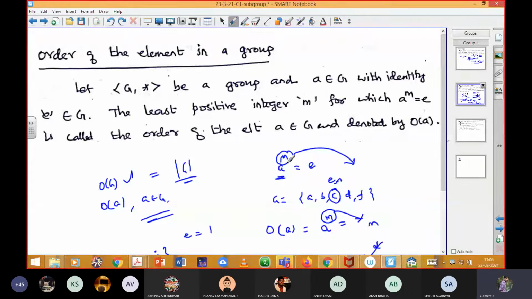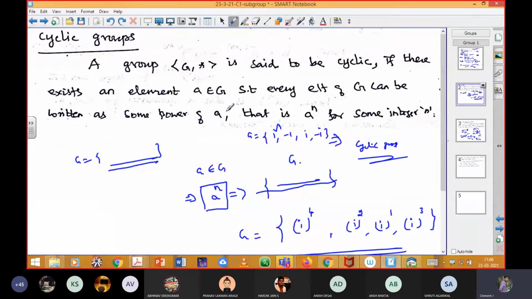This M is the order. But what is the original definition of a cyclic group? See, this is the definition. You may have numbers like 1, minus 1, i, minus i, in which you can pick one number.